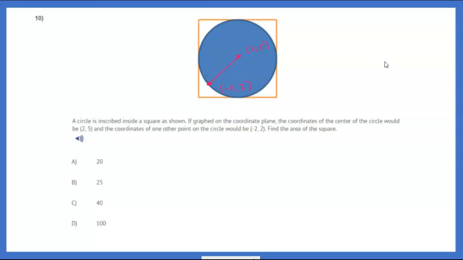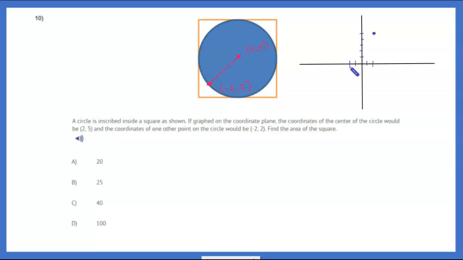Now, I like to draw my own coordinate plane because it makes it just a little bit less complicated to look at. So I'm going to regraph these points. 2, 5. That's 1, 2 on the x, and 1, 2, 3, 4, 5 on the y. Put my point right there. And then -2, 2.